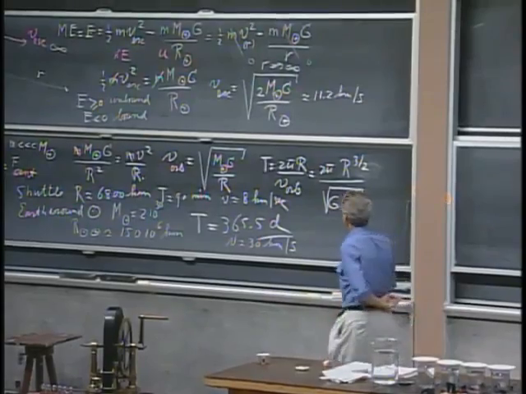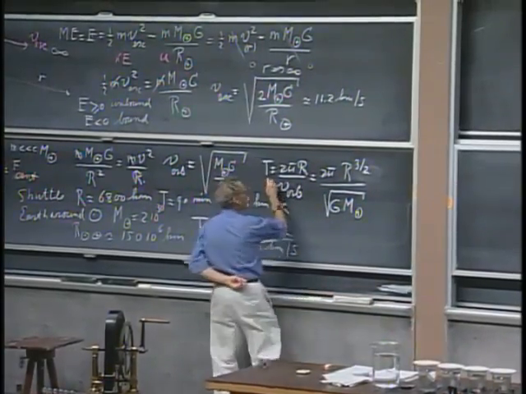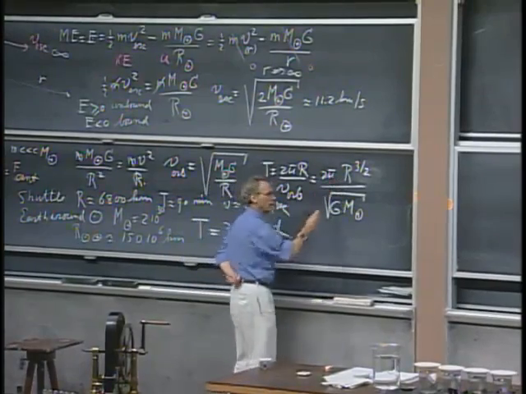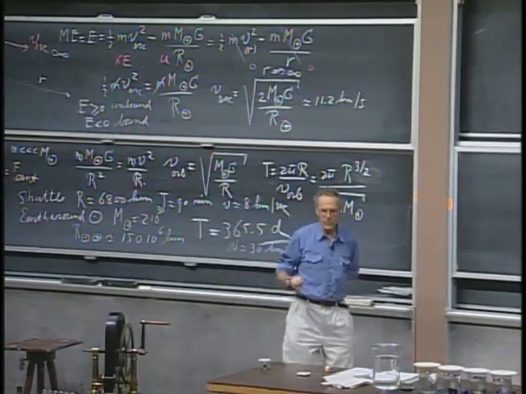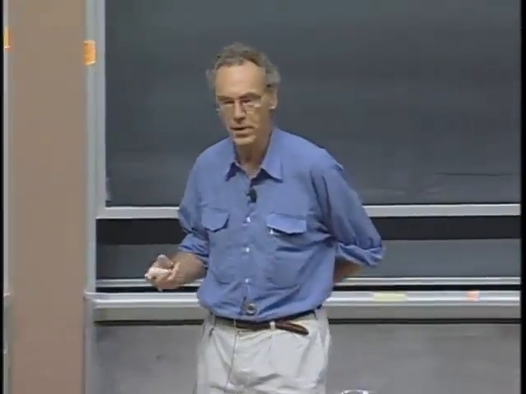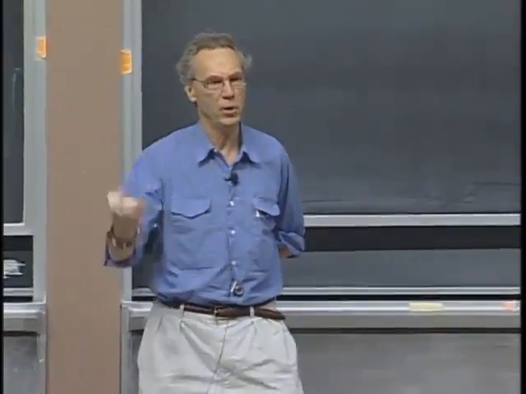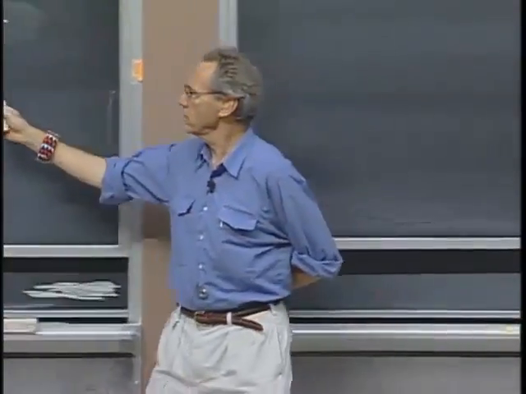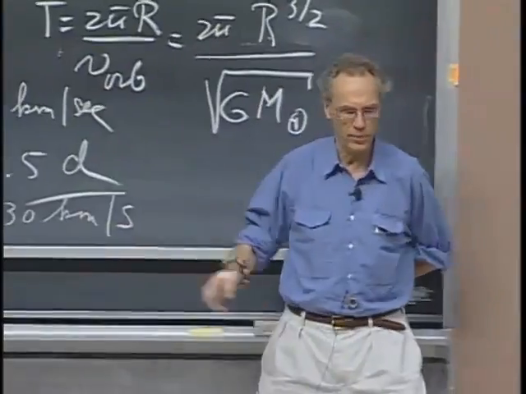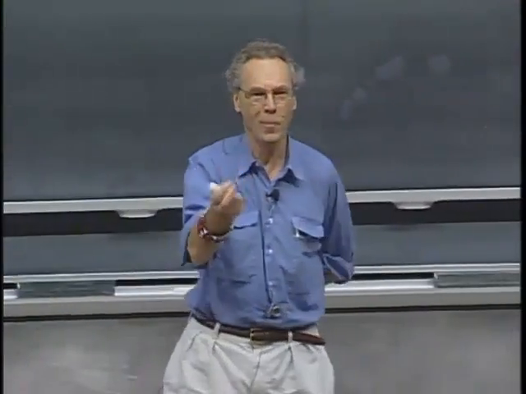Notice that this period is independent of the mass of the little satellite. And that was very unfortunate for the Americans when, on October 4, 1957, Sputnik was launched. They could find the radius very easily because they knew the period that it took Sputnik to go around the Earth. That was about 96 minutes. They could calculate the velocity, they could calculate the radius, but they had no clue about the mass.